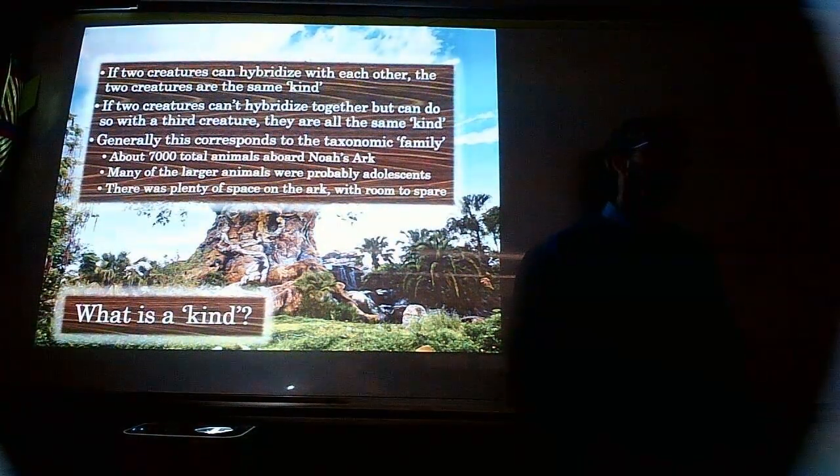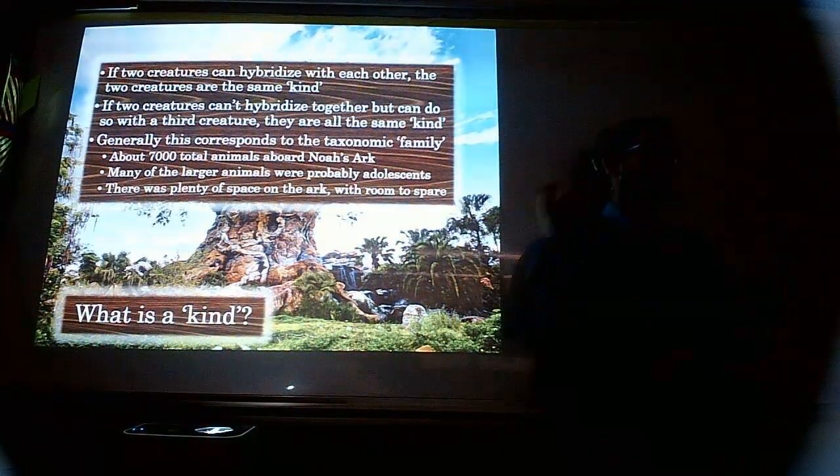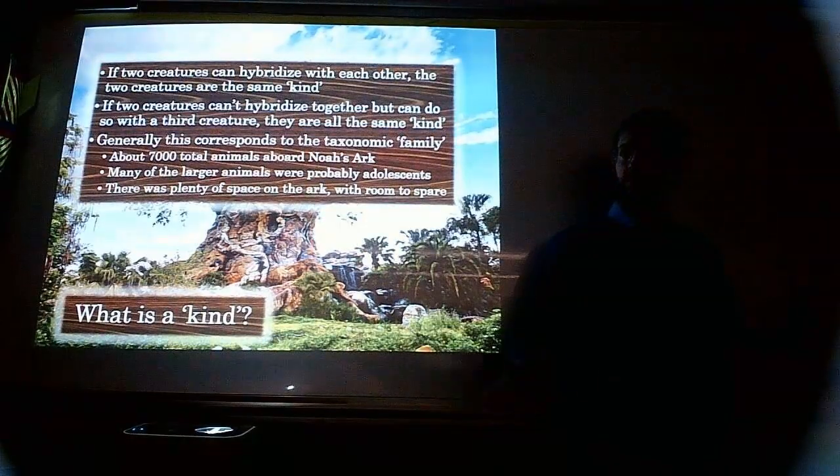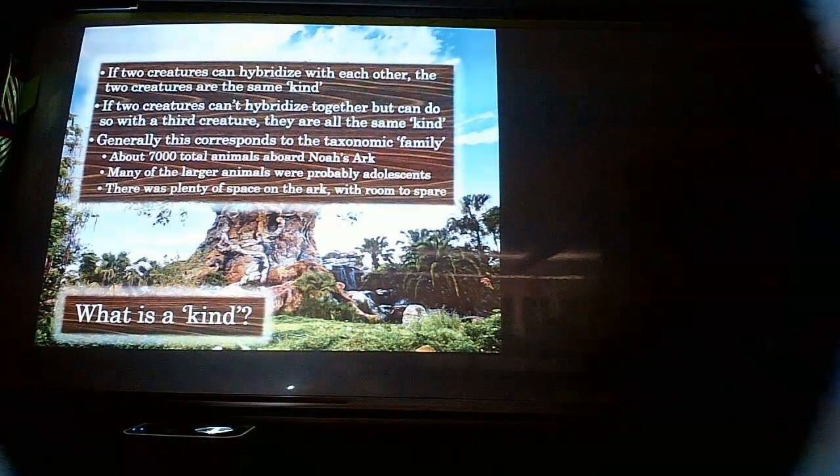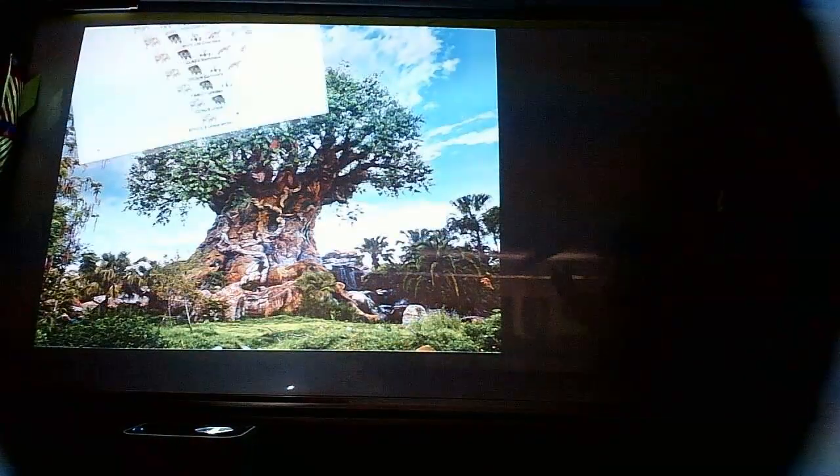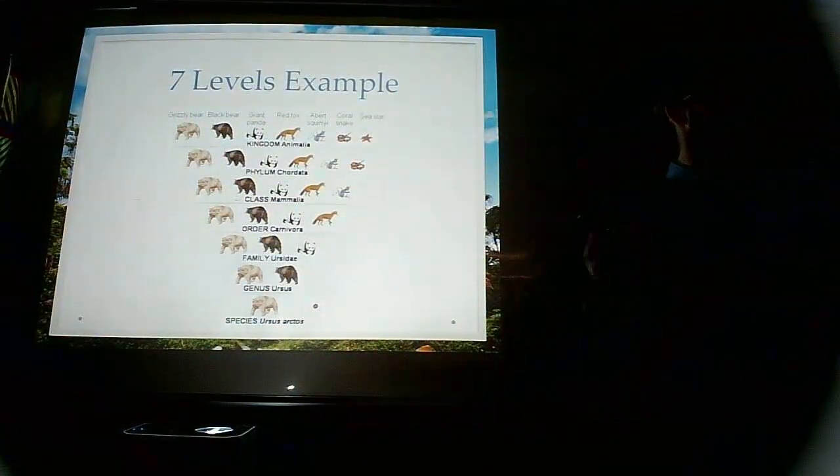There was one original bear kind from which those other bears eventually developed. Same with cats. There's probably just one cat kind on the ark, from which domesticated cats and tigers and lions and leopards have eventually come. And we know that because all of those things can interbreed.